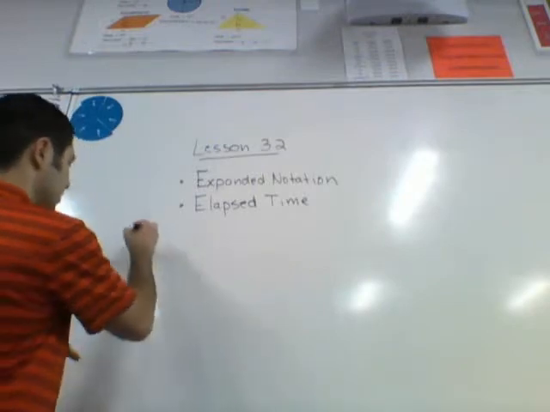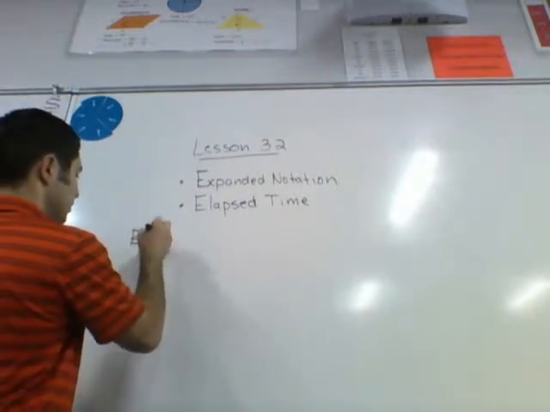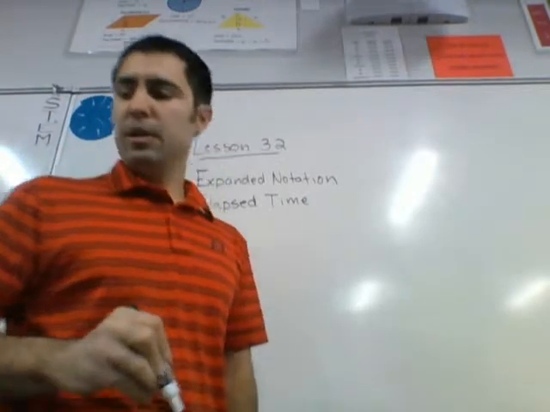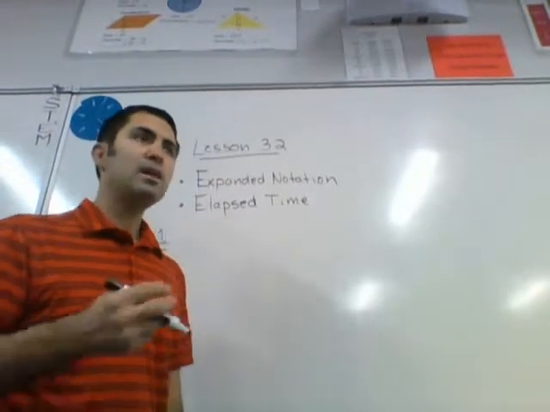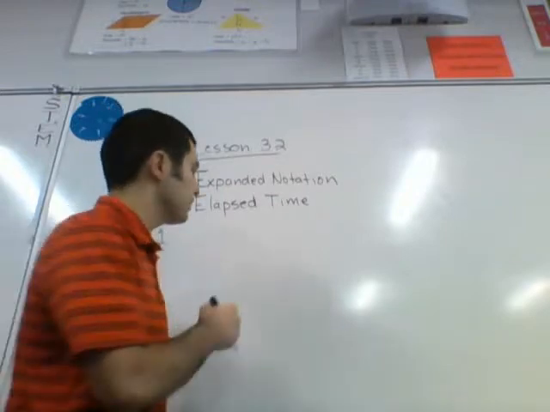Here's example number 1. Okay, in order to do expanded notation, you have to understand place value. And where a digit is placed determines the value.